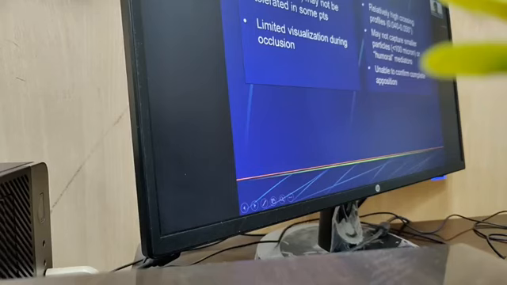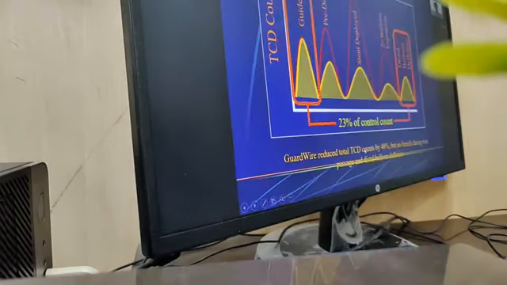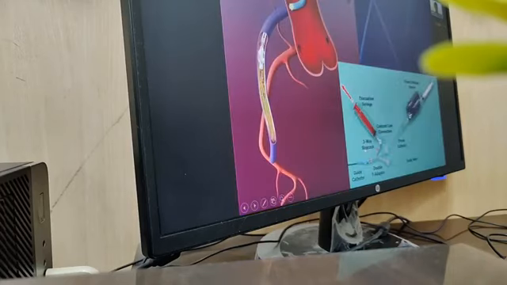So there are limitations of both, and they cannot protect the initial crossing phase. This is important: when you're crossing with the wire, you will still have some embolization that can happen. They also cannot protect distal anastomosis disease or interposed side branches. These are small limitations of the distal protection devices.